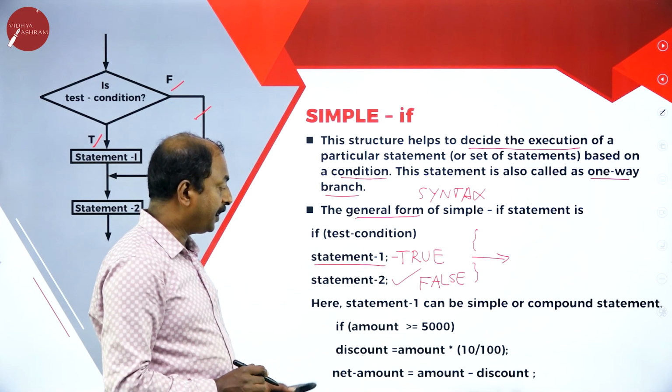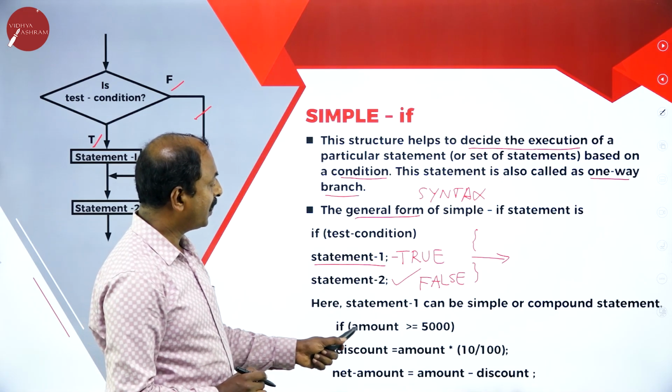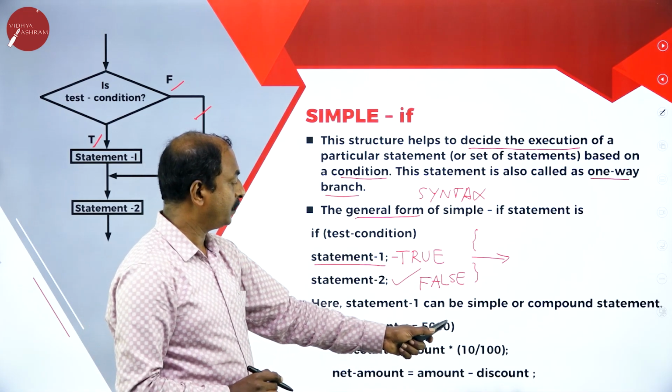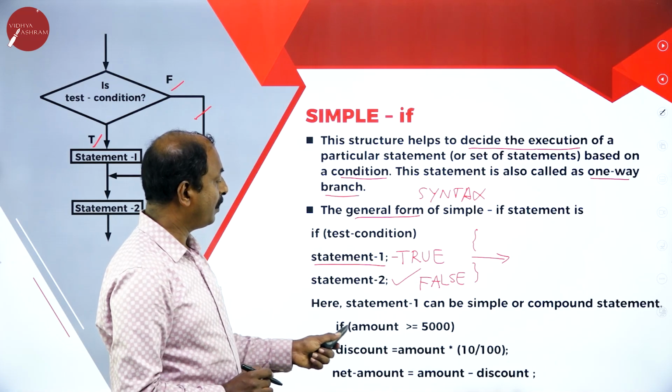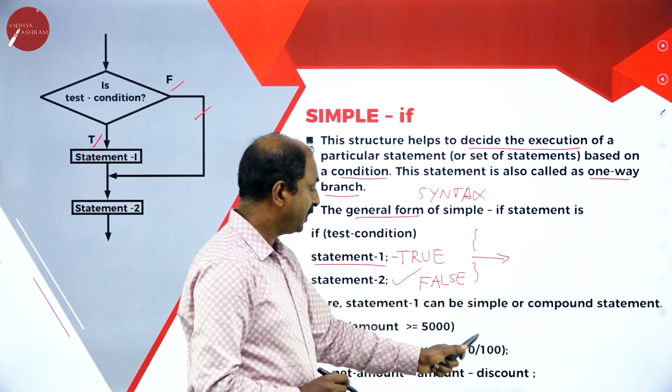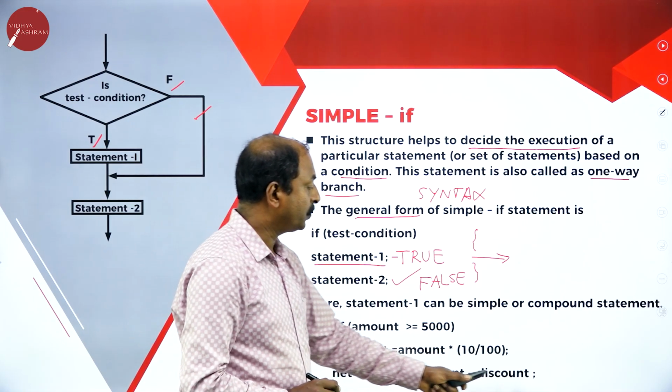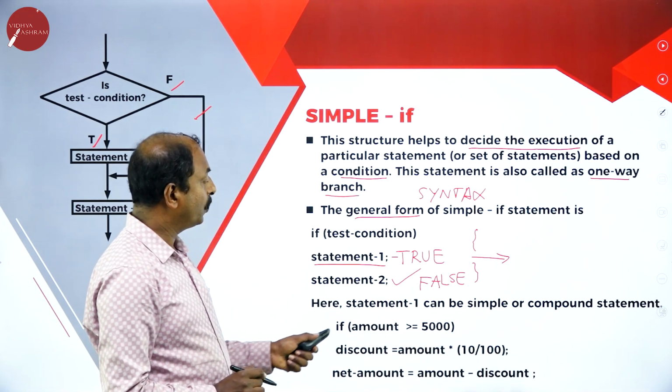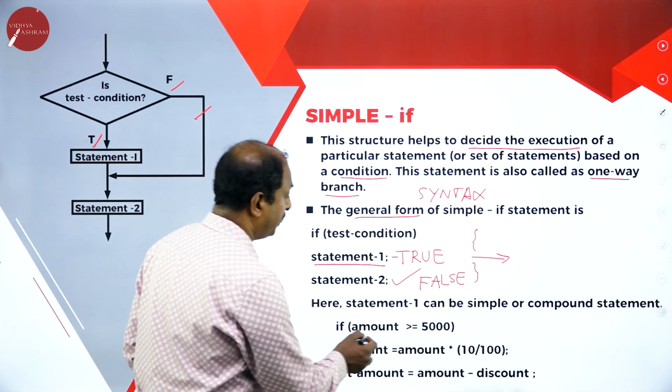Now look at the example here. If amount is greater than 5,000, discount is this, and net amount equals the statement here. So now look at the condition here. This is the condition.